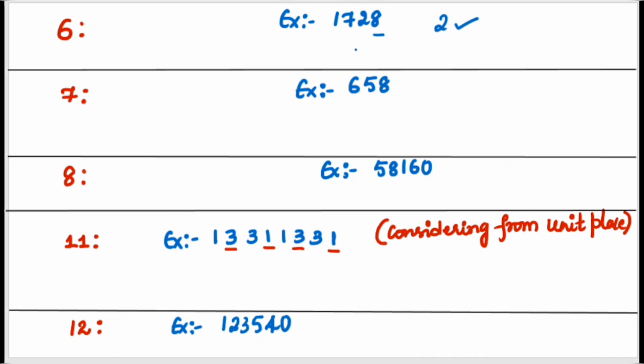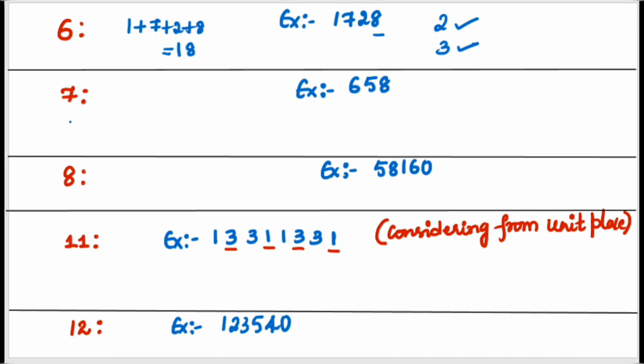For 3, we add all the digits and the sum should be divisible by 3. Adding 1 plus 7 plus 2 plus 8, we get 18. 18 is divisible by 3. Since this number is divisible by both 2 and 3, it is also divisible by 6.